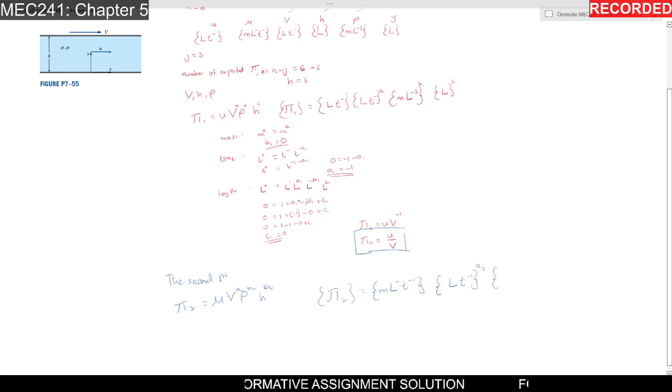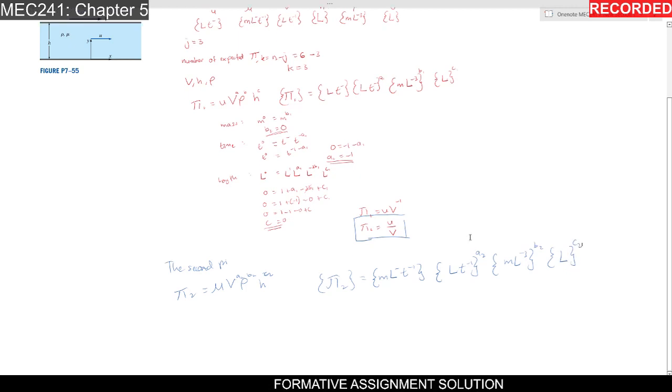And then for the density, M L to the power of minus 3, b2, and finally our H, which has dimensions of length L, so we put c2. So the same repeating variables, the same method that we did in pi 1, we do the same in pi 2.